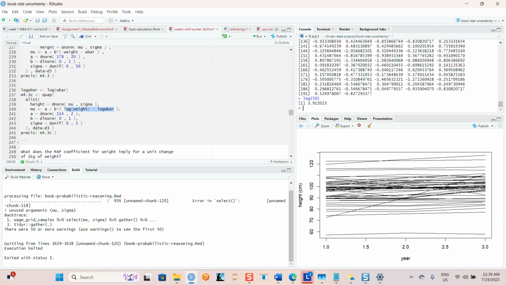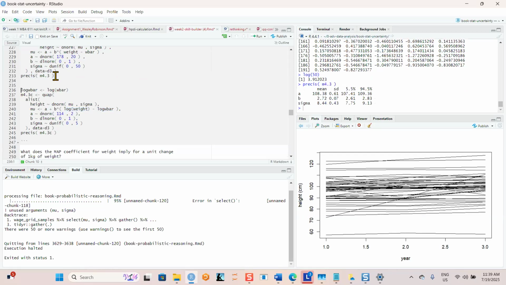And again, we did see that already with this one. Yeah, it's in the same league. It's not the same, but it's in the same league as using just weight and bar. Okay, so we can play with this until the proverbial bovines come home.